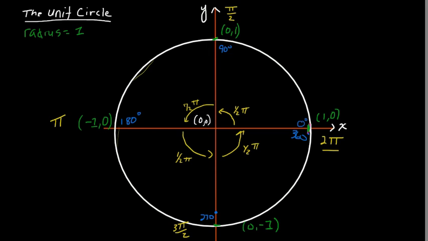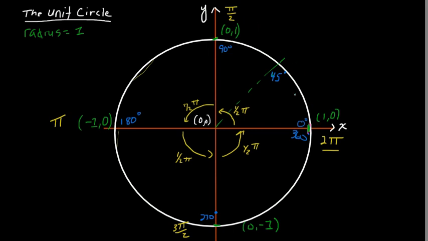Now let's find some other information that's going to be useful here. What about halfway through one of these quadrants? That would be 45 degrees. And can you figure out what the radians would be?